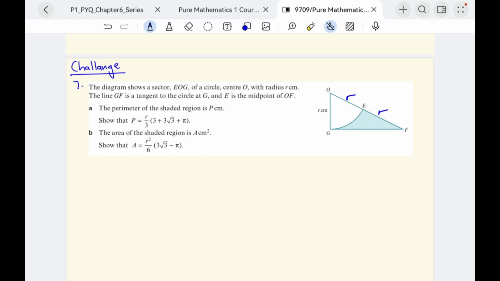The perimeter of the shaded region is P. The perimeter of the shaded region is the sum of three lengths: the arc length GE, the length GF, and EF, which is r.